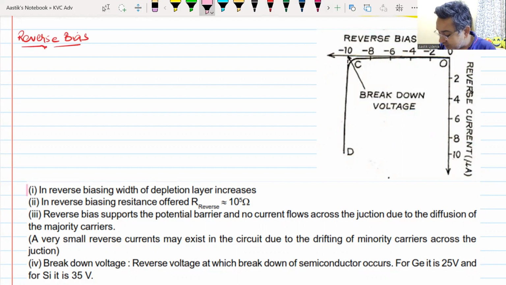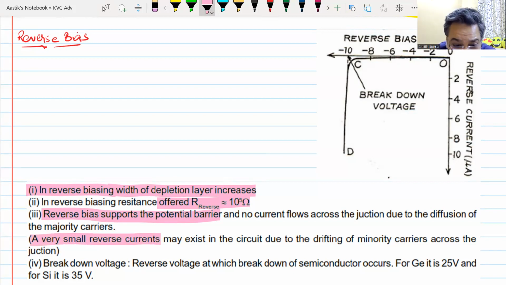Points to be remembered: in reverse biasing, the width of the depletion layer increases and the resistance offered becomes very high. Reverse bias supports the potential barrier, so effectively the current becomes zero. A very small reverse current, the drift current, may exist because of drifting. So a very small amount of drift current does exist here.